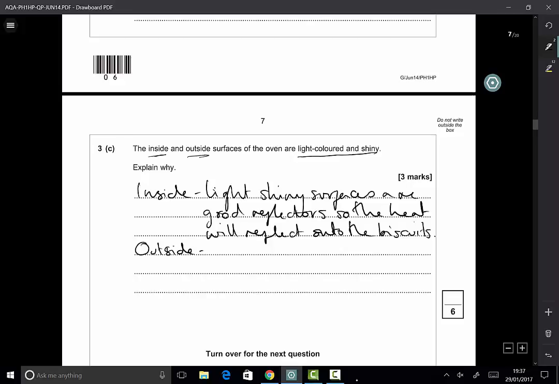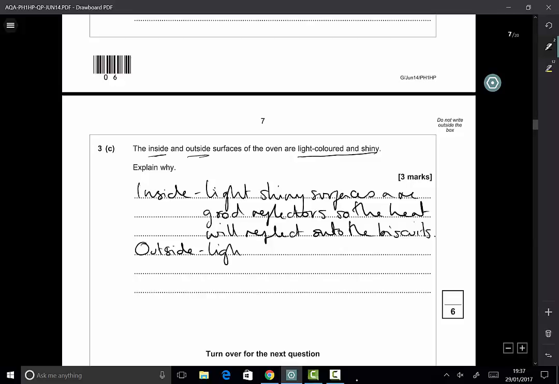Okay, our heat source is inside the oven. So we're not looking at it reflecting. It's whether it's absorbing or emitting. Well, we've not got another heat source outside. So it's not about whether it's absorbing. So it's just about emitting. Are light coloured and shiny surfaces going to emit well? No, they're not.